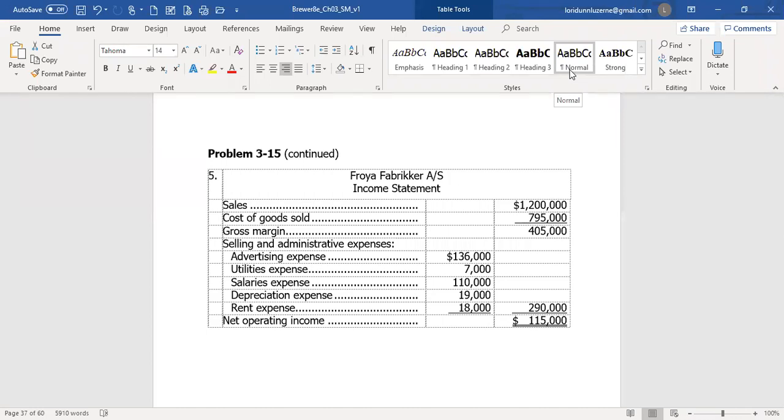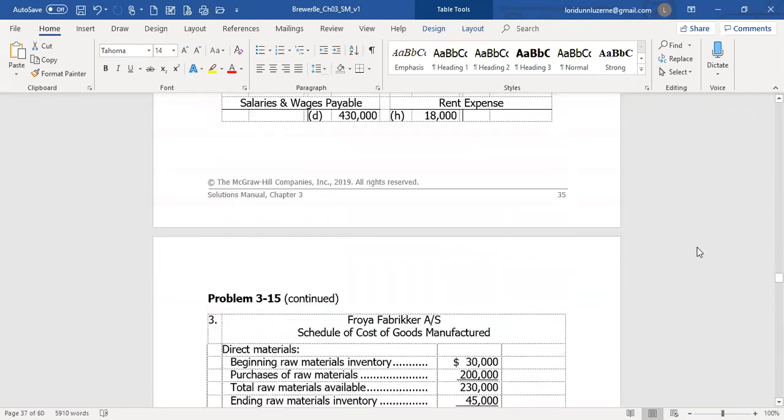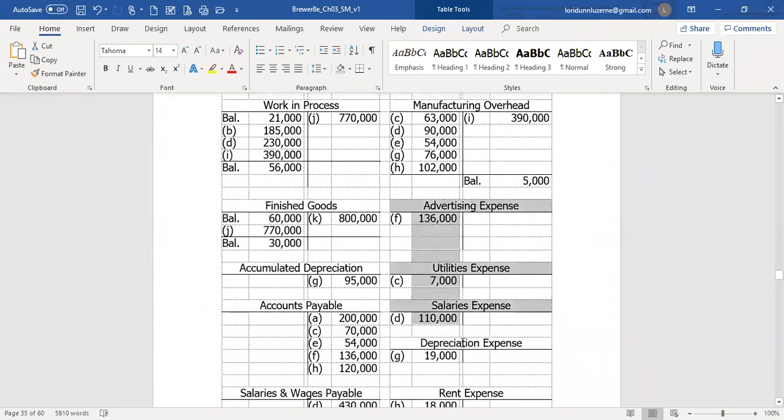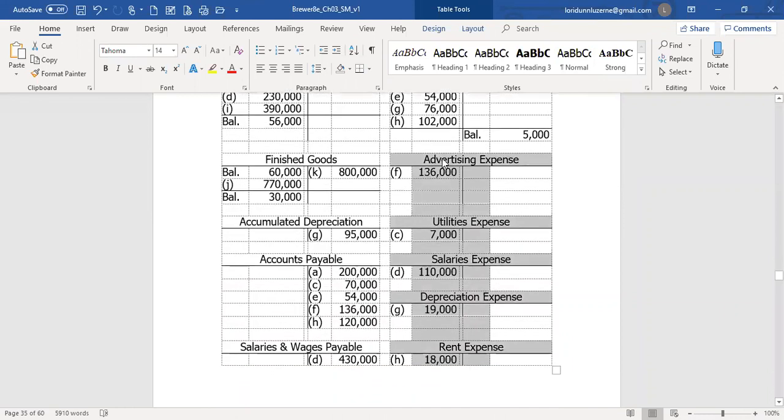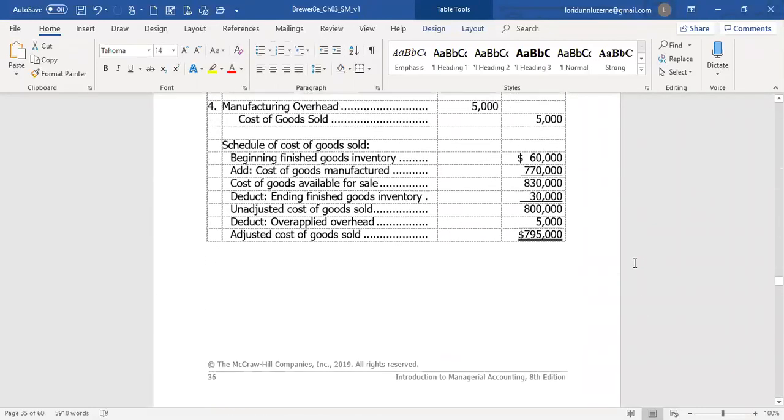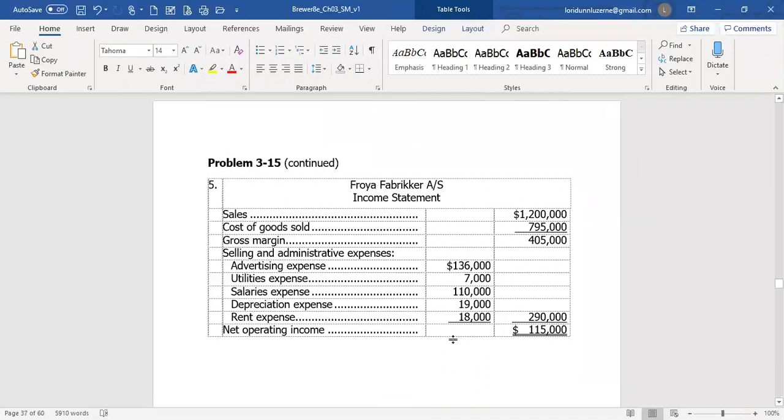The other expenses related to this time period are selling and administrative expenses. And these expenses in this area are taken right from our T account balances. So I'm just going to scroll back up right in here. So we had advertising expense of $136,000, utilities of $7,000, $110,000 in salaries expense, $19,000 in depreciation expense, and $18,000 in rent expense. So those various expenses must now be subtracted from our gross profit or margin.